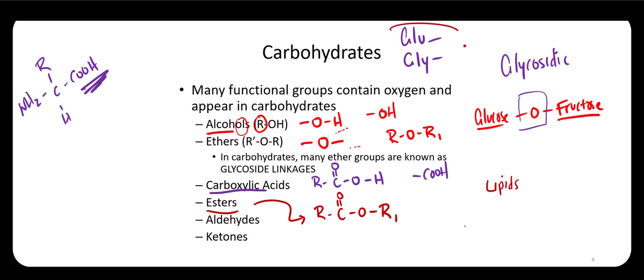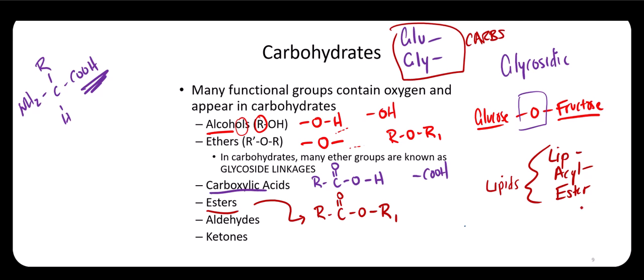If you see GLY, GLU, you're going to get your brain on carbs. If you see lip anything, acyl or acetyl anything, or ester anything, you're going to get your brain on lipids. And we'll practice this. Don't worry about it much now.